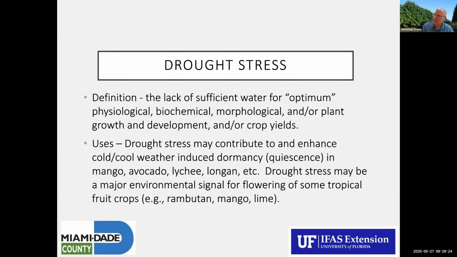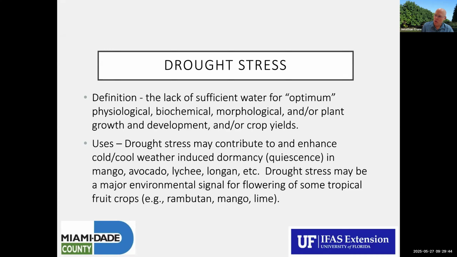It can contribute to and enhance cool or cold weather induced dormancy. So there are some plants like lychee and longan that need to be dormant during the cool part of the year. And that cool part of the year induces dormancy.